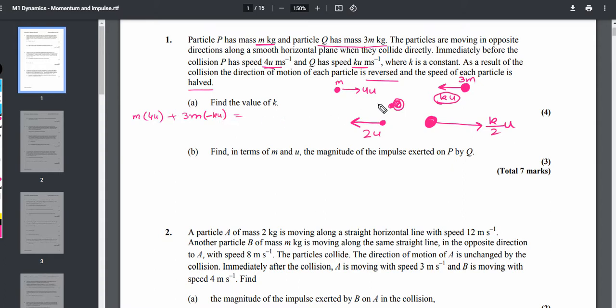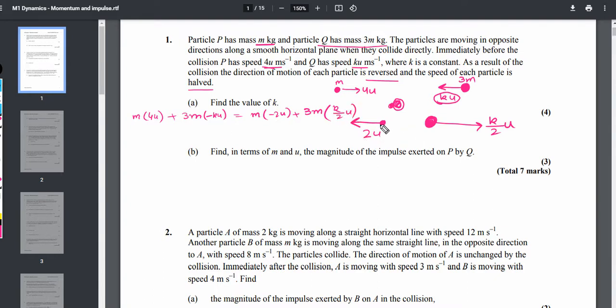I'm taking the velocity in the rightward direction as positive, and the velocity to the left is negative. For the final momentum, the velocity to the left will be negative, so it will be m times negative 2u, plus for this one it will be positive to the right, so it will be 3m times k by 2 u.